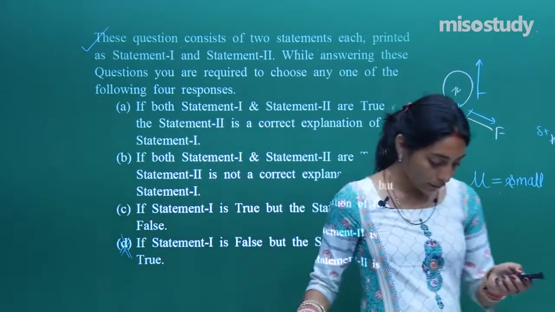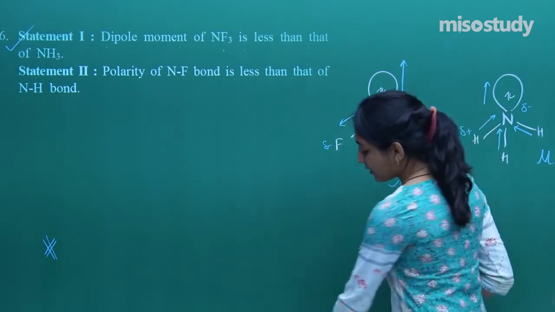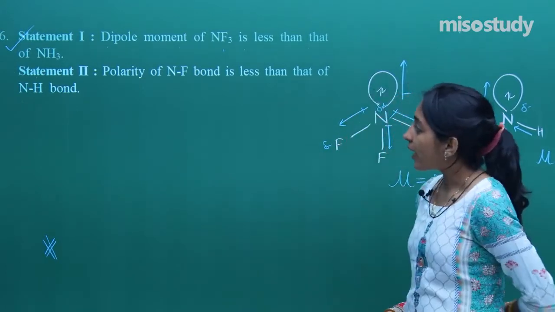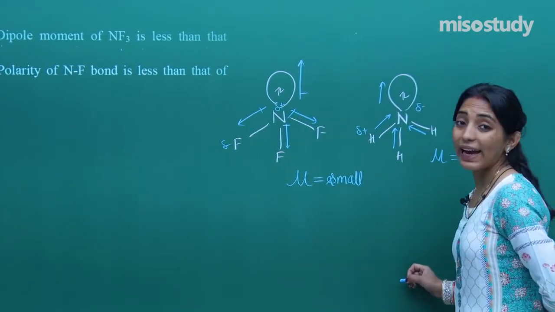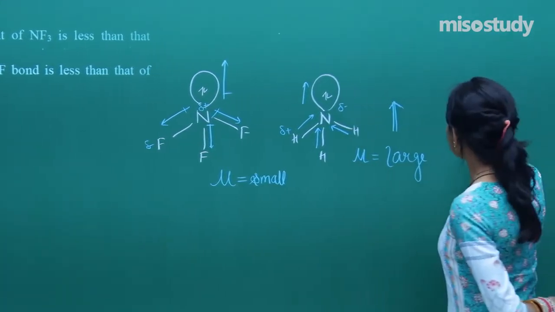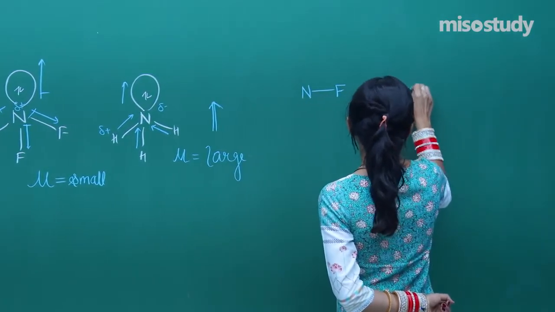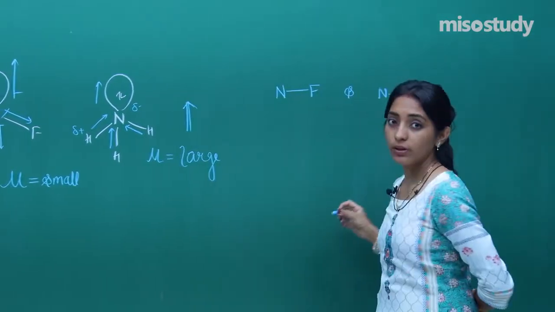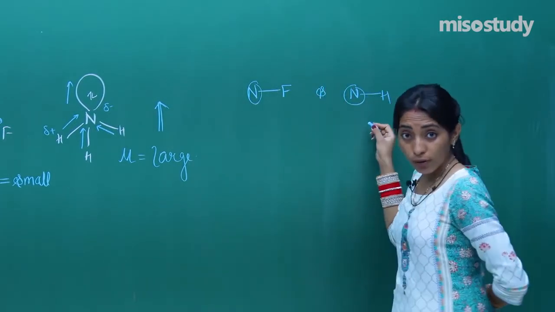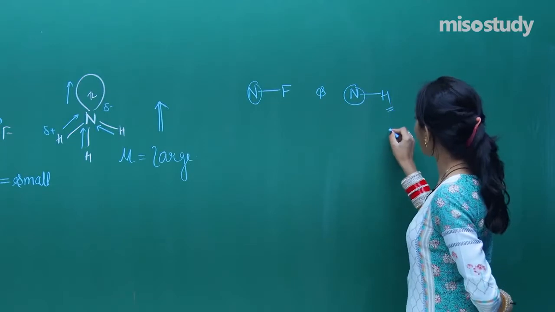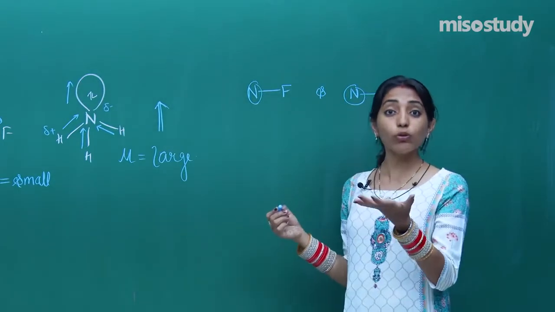Moving further, if I continue, he says statement 2, the polarity of NF bond is less than that of NH bond. So see, when you consider NF and NH, so N is same, right. Now compared to nitrogen, hydrogen is very much delta positive, right. That means there is a huge difference.